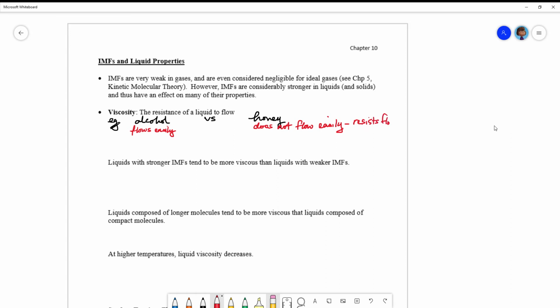And since the honey is resisting flow, we would say that the honey is a more viscous liquid with a higher viscosity, compared to alcohol, which flows easily and is therefore a less viscous liquid by comparison, and has a lower viscosity.